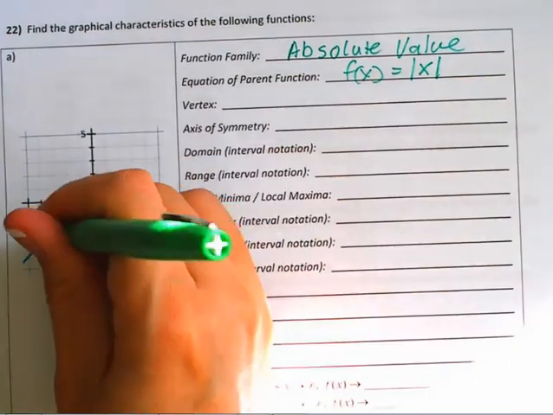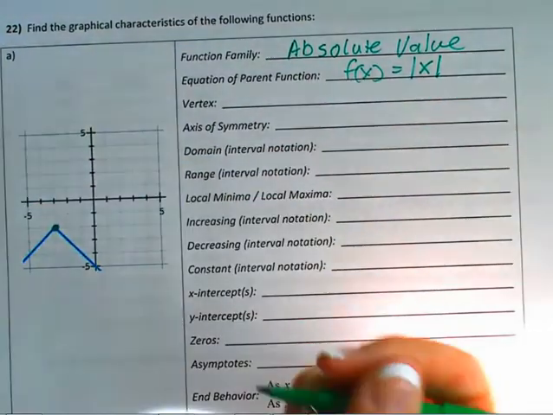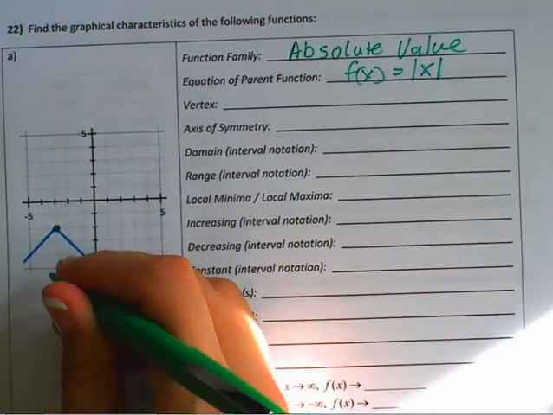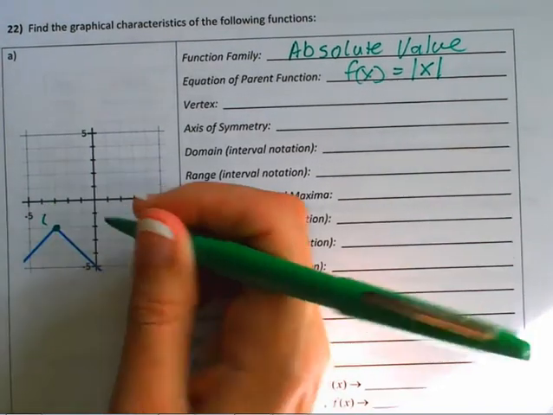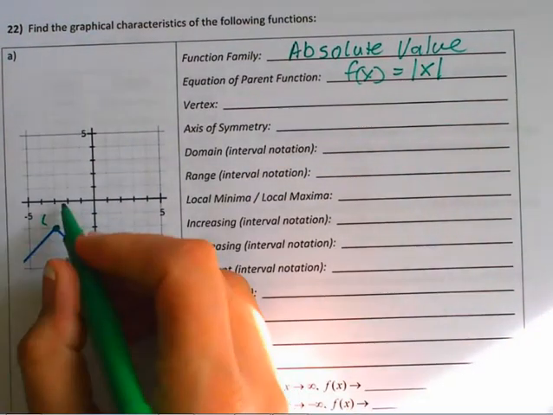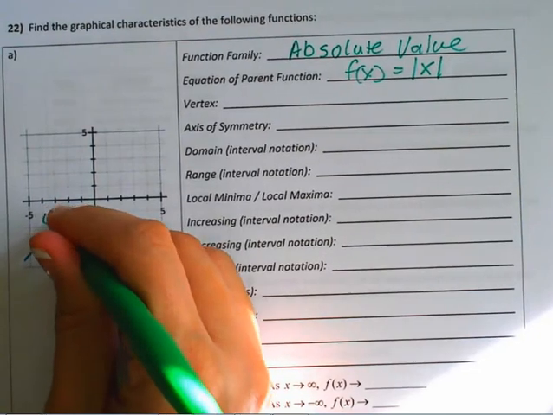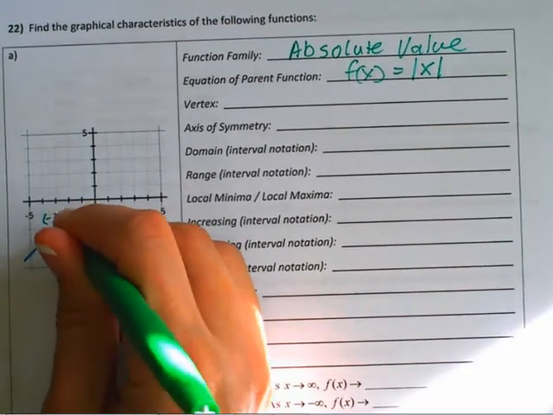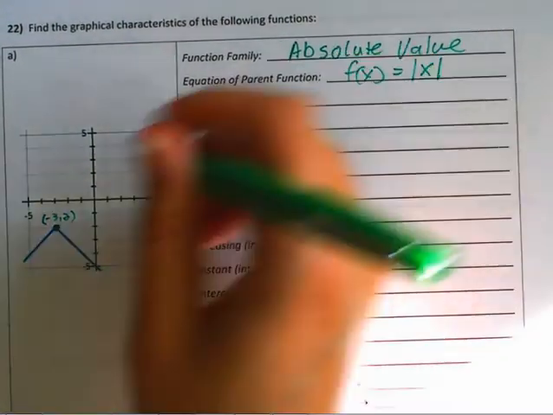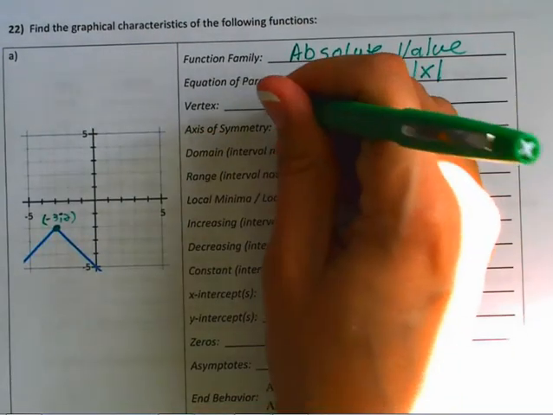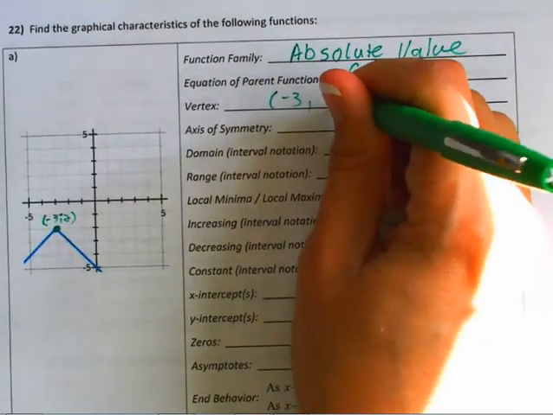The vertex, my vertex is right there, and I'm going to write it on here because it'll help with some of the other things we're going to do. So that's negative 3, negative 2.